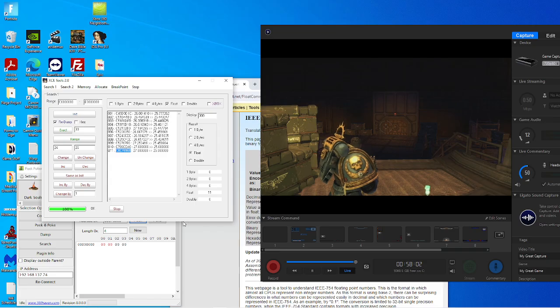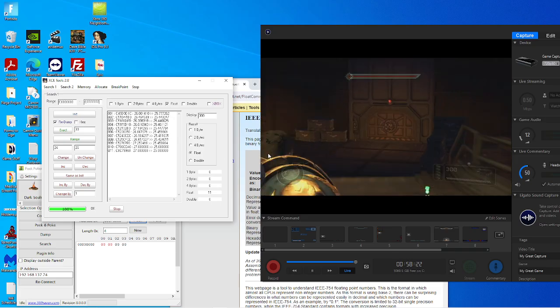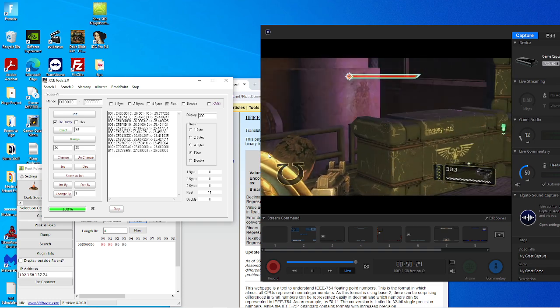Now, this is where we're going to get into the weeds. If you're doing unknown value searches, remember you can only search within the same memory region. Let's find the Fury counter. If you see Fury's kind of on the bottom left.